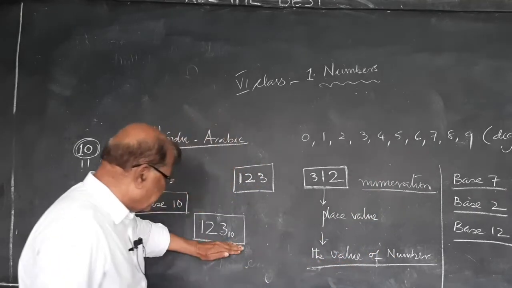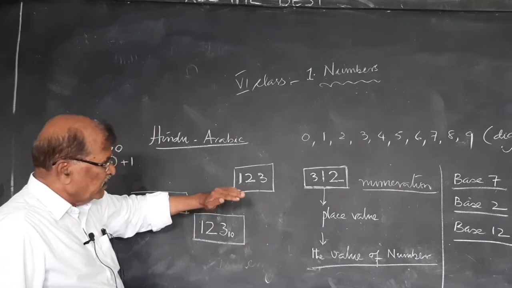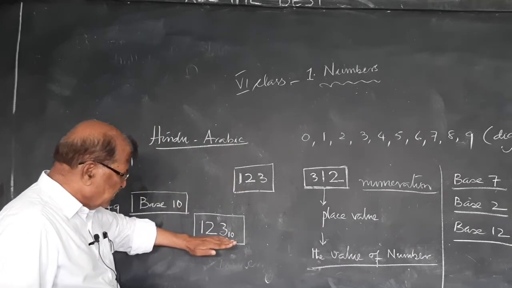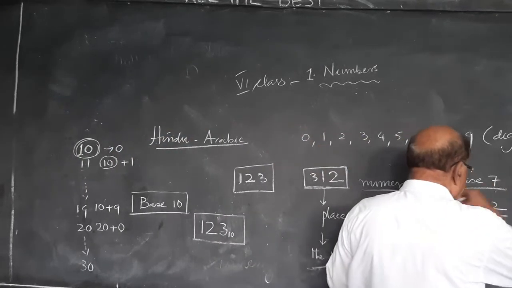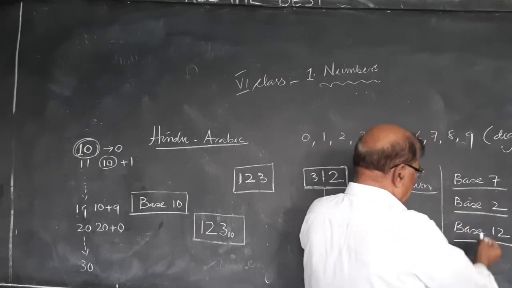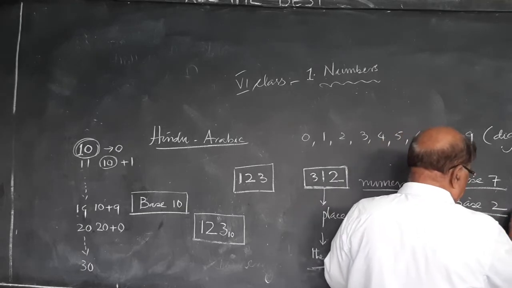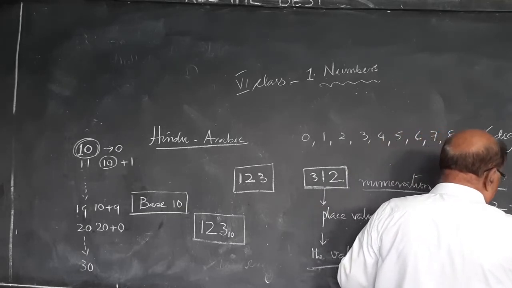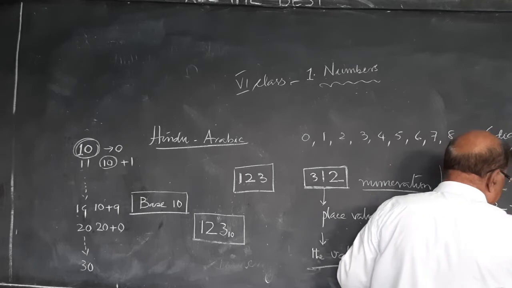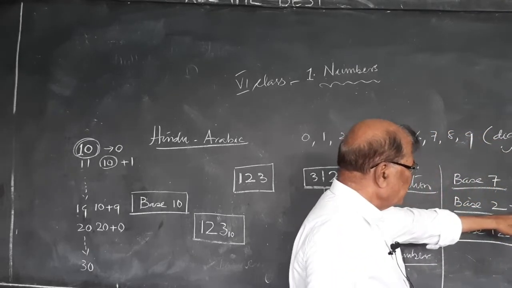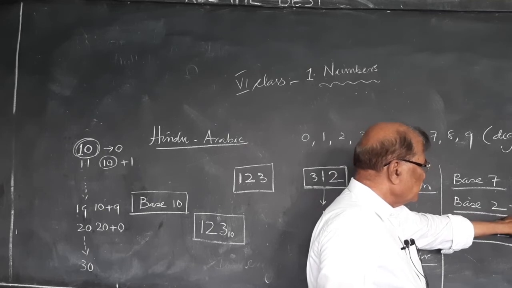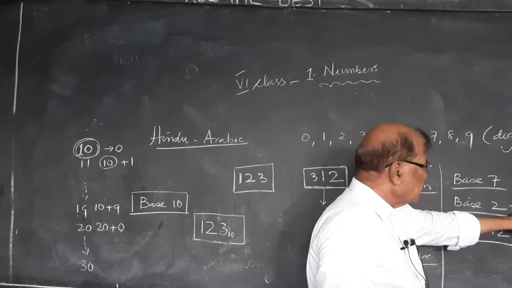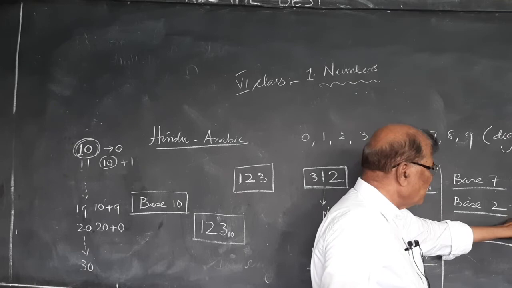Other than base 10, if you take any number in another base, you will have to write the base. For example, 11 in base 2 is nothing but 3, because it consists of 2 plus 1. So 11 base 2 is 3.